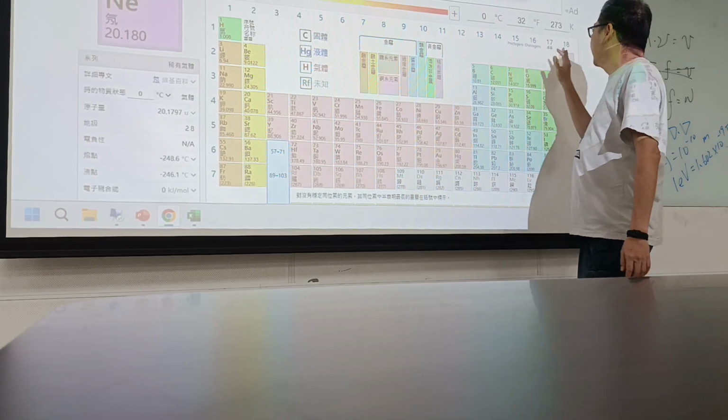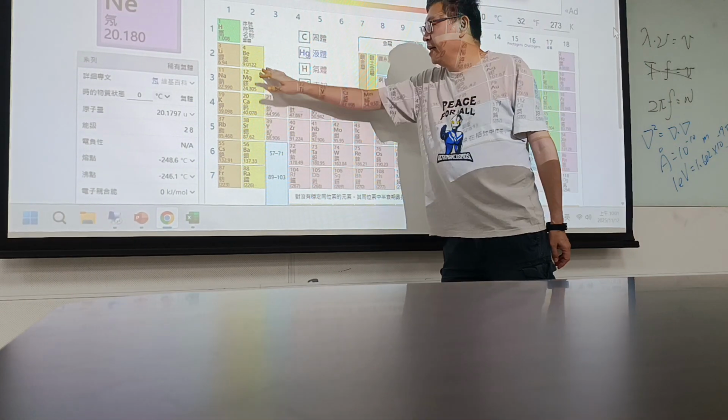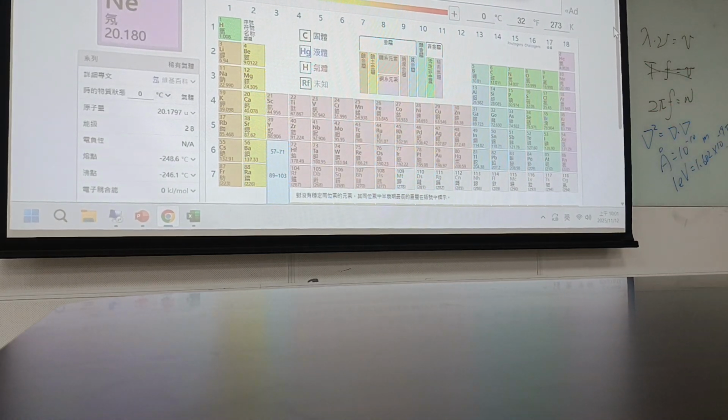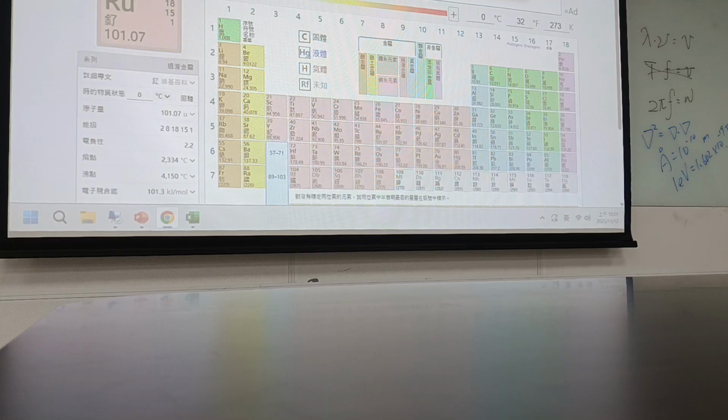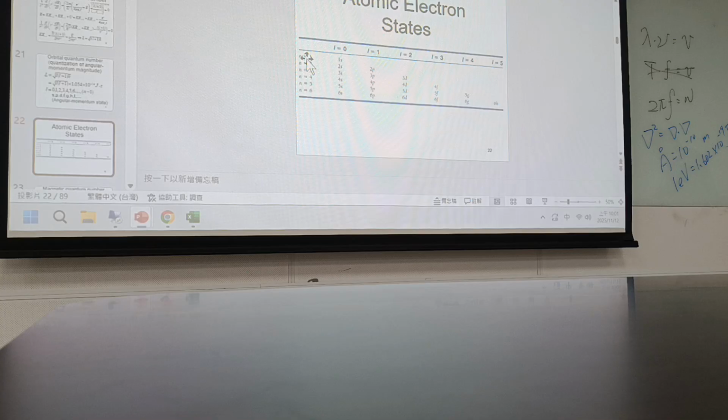This is l equal to 0. l equal to 1 and l equal to 2. This is the L. And if n equals 1, we have l equal to 0, then it's the s orbit. n equals 2, we have the p orbit. n equals 3, we have the d orbit. n equals 4, we have the f orbit, then g, h.